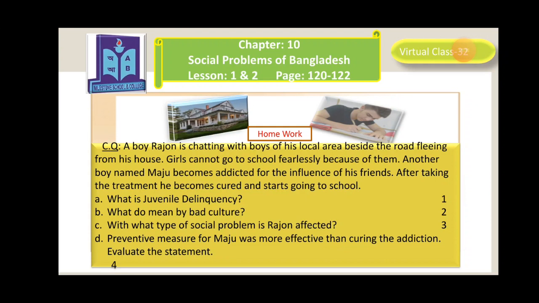Evaluate the statement. So my dear students, you know that number D is application based. Here you have to maintain the paras, that means there will be knowledge based, then comprehension based, then application based, and also the next one is higher ability. So there will be 4 paras. Okay, so in this way you write down this answer.